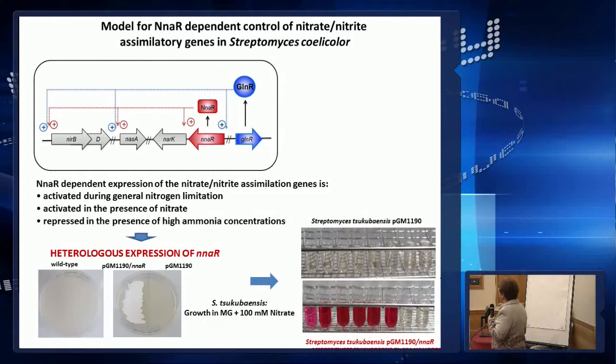So perhaps the problem was not this gene, and the group of Tübingen introduced the NNIR gene from Streptomyces coelicolor in tsukubaensis, and they got a strain that was able to grow on nitrate and was able to reduce nitrate.